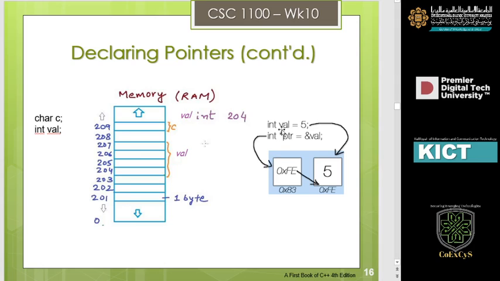For example here, if val equals 5, and star pointer equals ampersand val, then this particular address for val actually contains 5. The value might be stored somewhere around here, with one variable pointing to the other address, where the address points to the exact value.